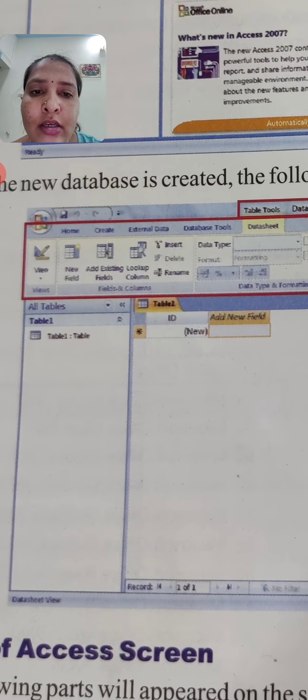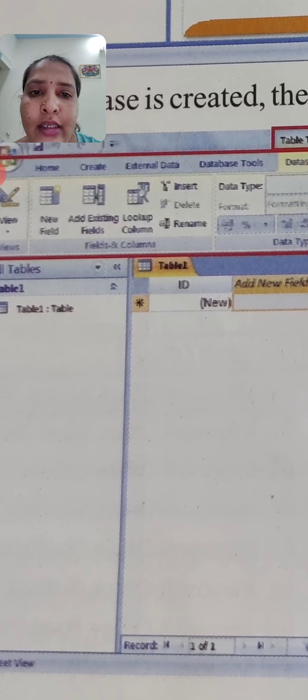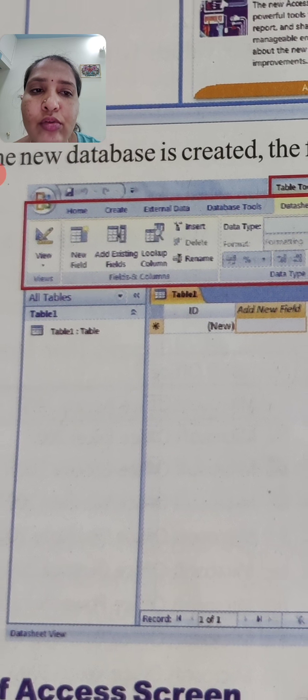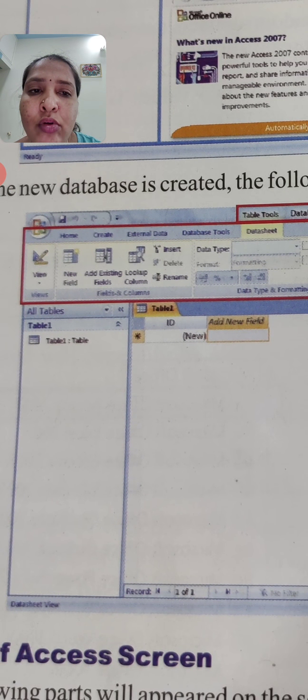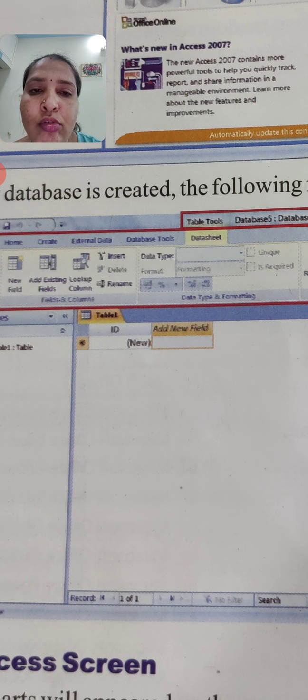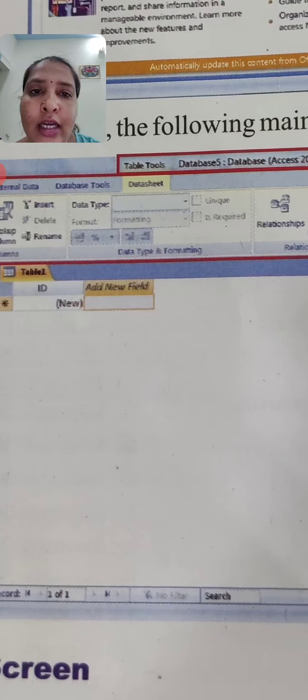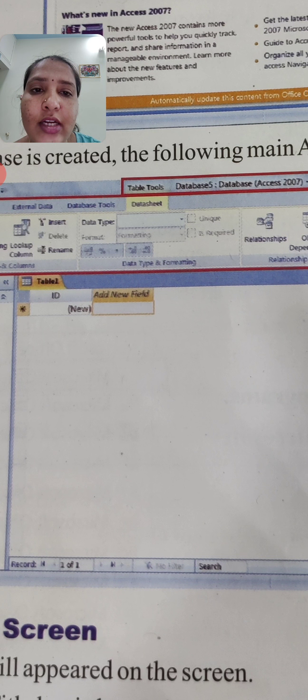These are all the tools they have introduced for your database sheet. If you want to create a table, we have to open the data sheet. We have to click on the data sheet. See here, it is a yellow color button, yellow color text.